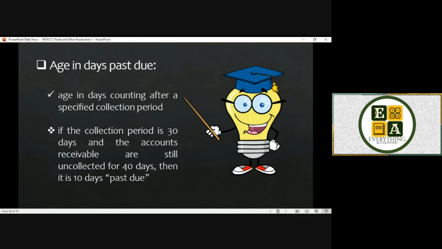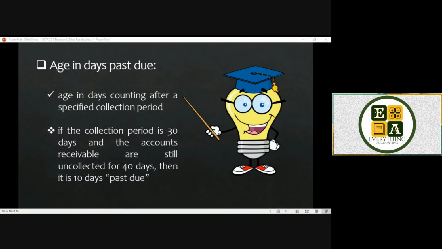Titignan mo yung tinatawag na collection period. Okay? Kung yung collection period is within 30 days, hindi pa yan past due kung within 30 days pa. Pero pag naglagpas yan ng 30th day, okay? Pag naglagpas ng 30 days, ibig sabihin, magiging past due na yan.